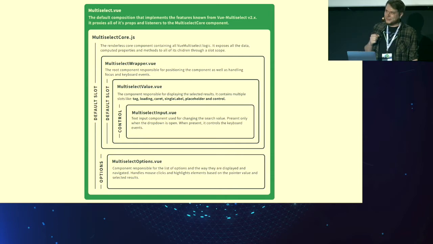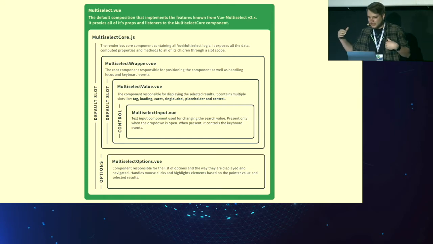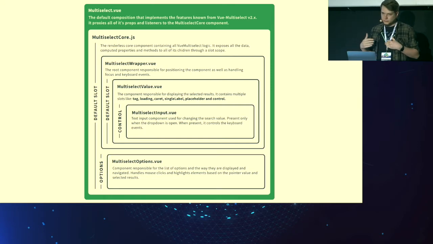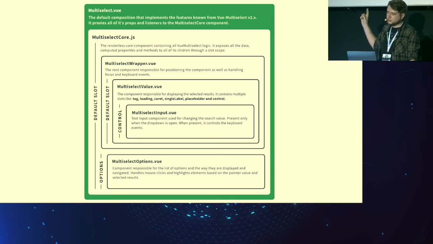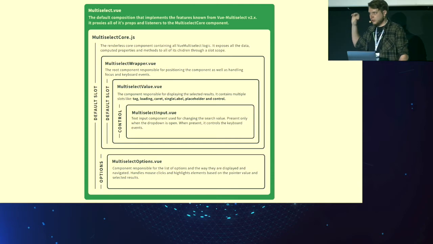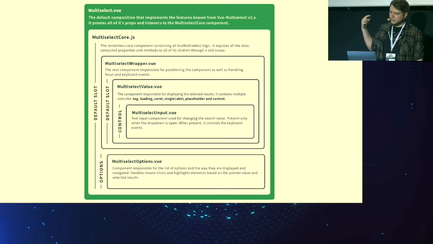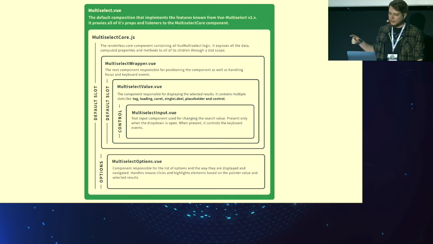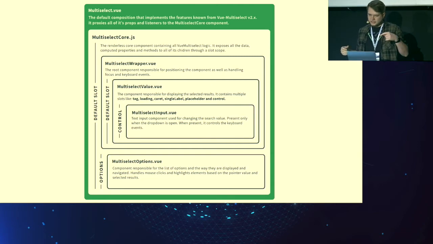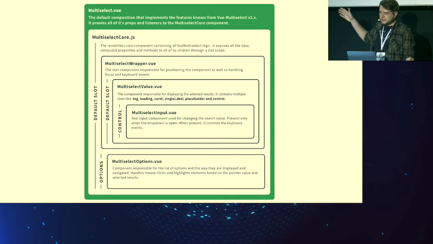So what you can do additionally, because the composition is just a composition of smaller components that will also ship with this next version, for example, the options list, the wrapper, which is the clickable part, the value, so displaying elements that are selected, and the input. And you can replace any of those elements with your own implementation and just connect with the slot, because those are also in the slot of the default composition.